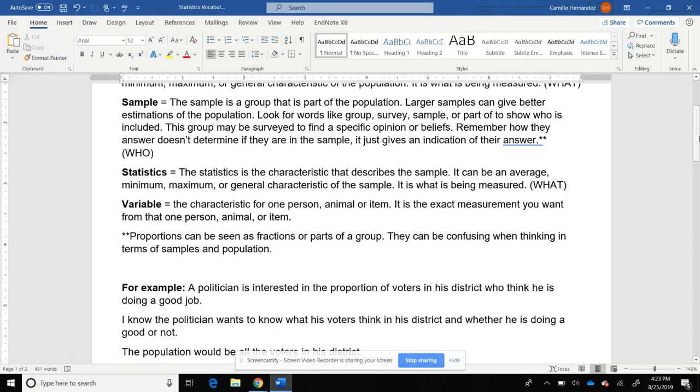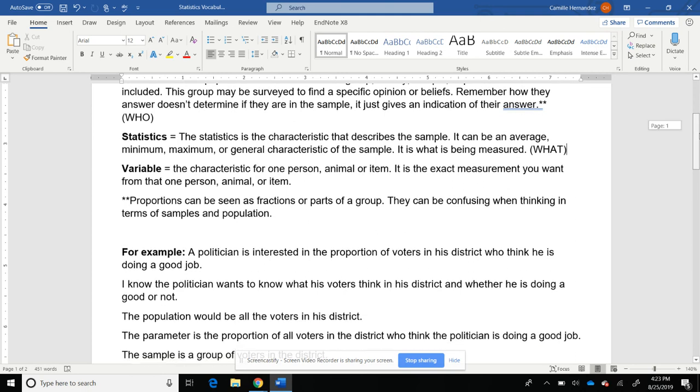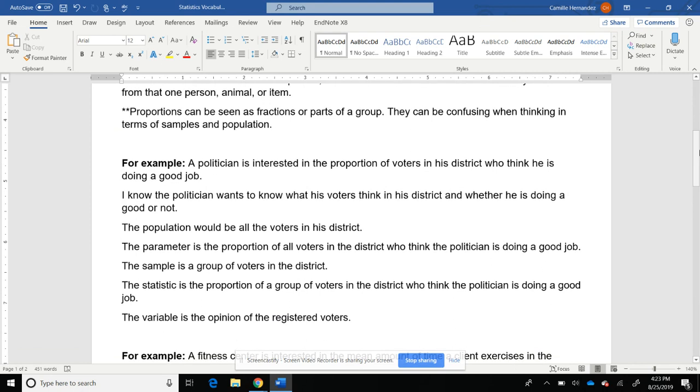You can also think of it as percentages. And they can be really confusing when you're thinking in terms of samples and populations. So let's look at the one that's commonly missed in the homework. For example, a politician is interested in the proportion of voters in his district who think he's doing a good job. All right, so the key thing that I'm going to look for is voters in his district.